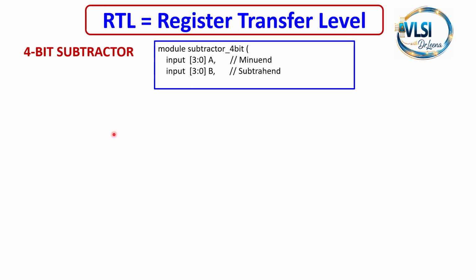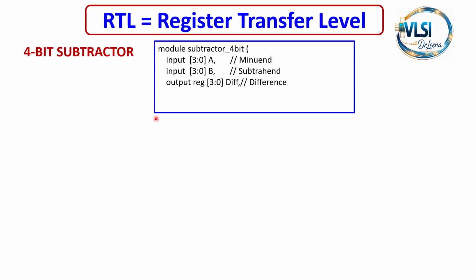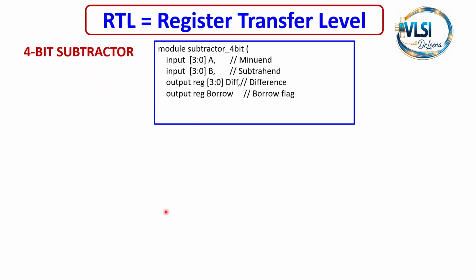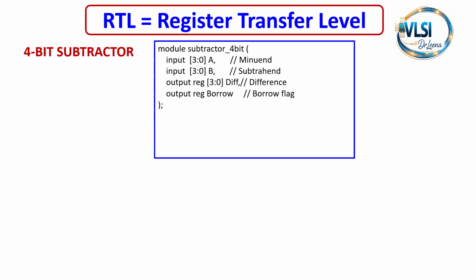Next we give our outputs: the first output is difference, declared as reg, and the next output is borrow, also stored as reg. After completing the inputs and outputs, we close the bracket.